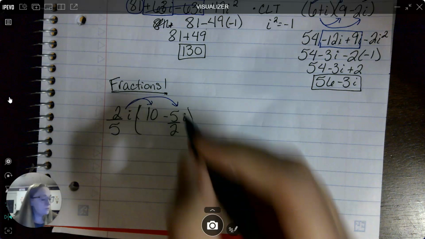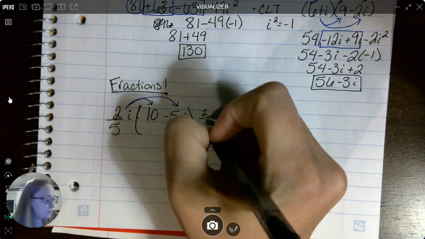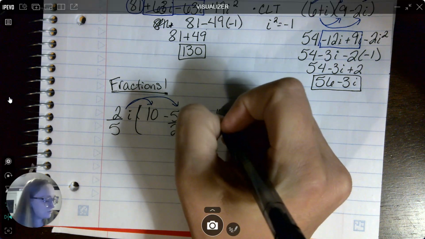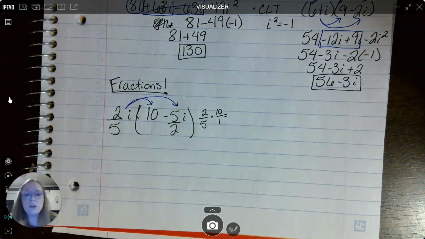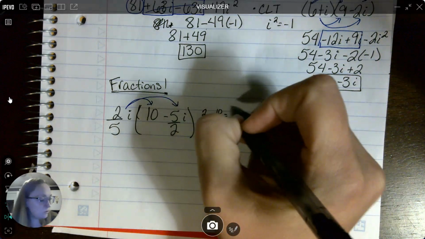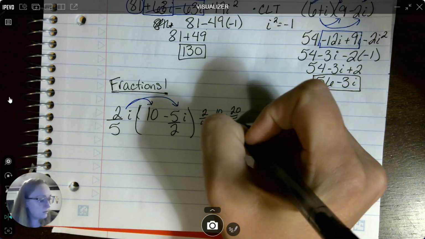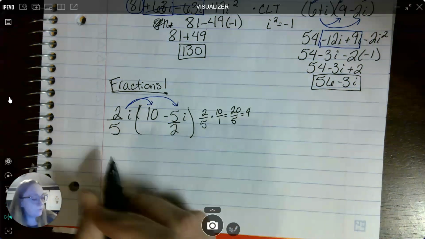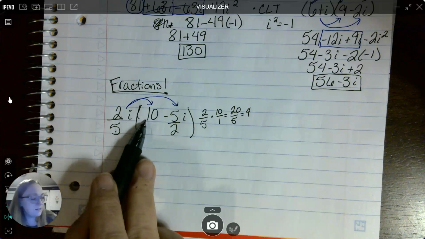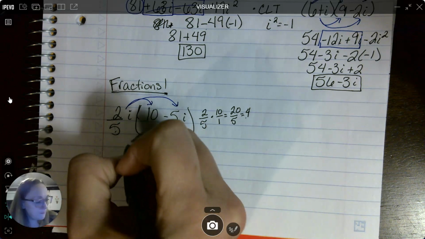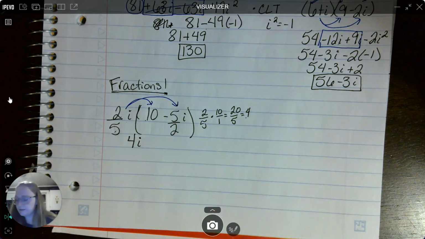We might have to review multiplying fractions a little bit. We put a 1 in the denominator to fill in that gap if we need to. You multiply straight across, and then you simplify. So when I multiply 2/5 i times 10, I get 4, and just keep the i with it.